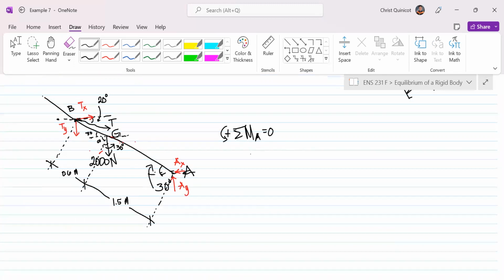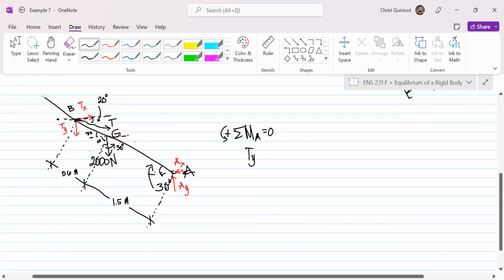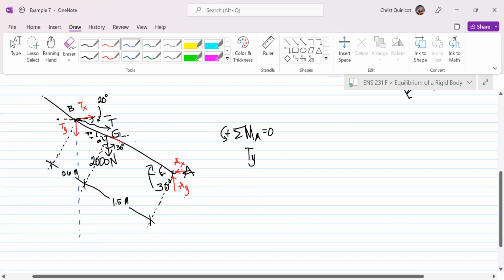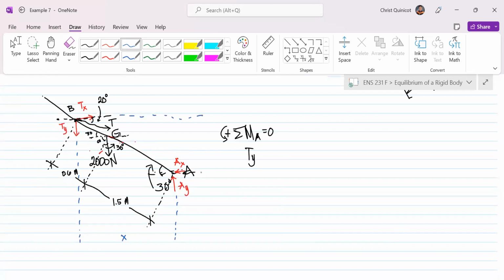So this should give us T sub Y, and its perpendicular distance from A. We just have to follow the line of action. Let us call this X, and this is the perpendicular distance of T sub X from A, which we call Y. So that's T sub Y times X. Let me use parentheses.